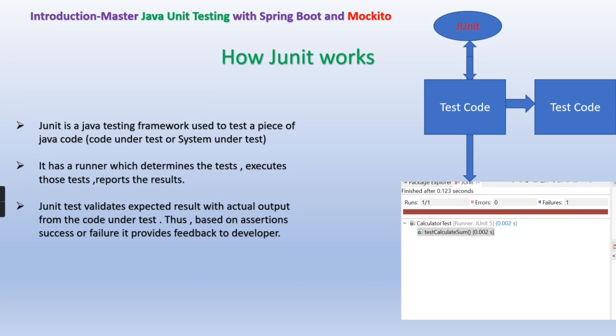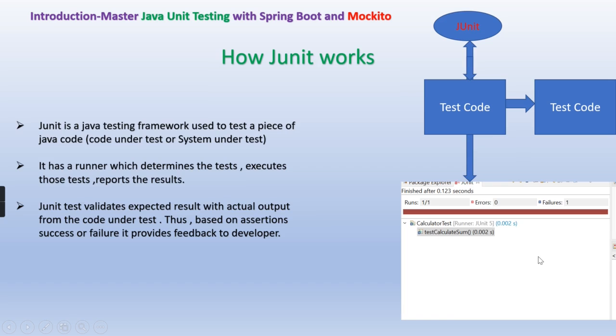If it gives 20 for both expected and actual value, then the test case will pass. For that only we are going to write the JUnit test case, and for that we take the help of assertions. Based on the assertions, whether the JUnit test failed or not would be decided. Once that is done, it finally gives the report as shown on the right-hand side of the screen.